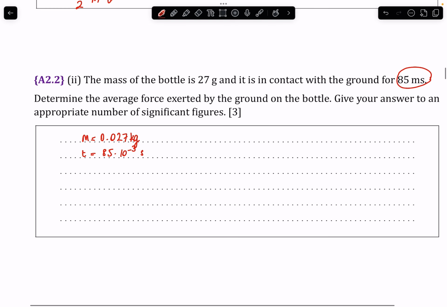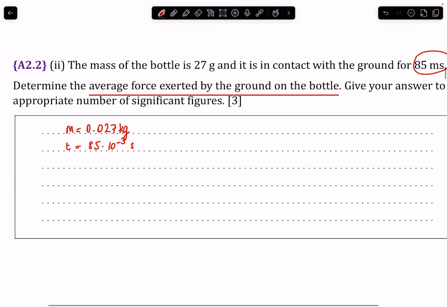Then it asks us to determine the average force exerted by the ground on the bottle. In order to determine this, we of course have to use this formula from our data booklet, because the average force exerted by the ground on the bottle is the change of momentum over the change in time.